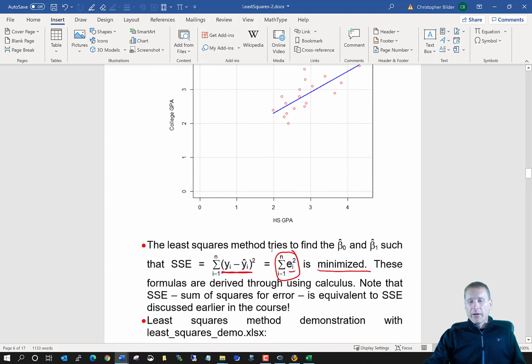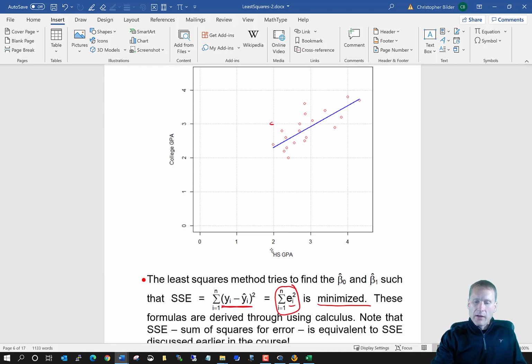Because if I come back here, I could draw a line like this as well, come up with the equation. I could still have the sum of all my residuals be 0 in the end, depending upon where I draw it. But that's not a very informative line. Instead, we want a line that makes all these squared residuals that we see here, and this is for the high school and college GPA, as small as possible when we sum them all up.